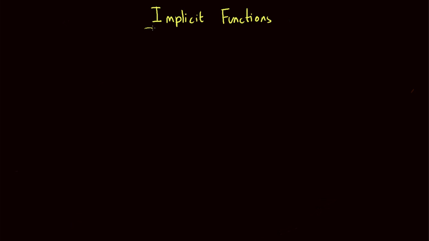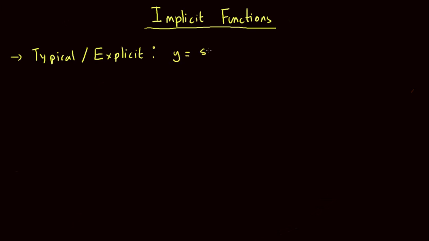how we write these functions is not your typical function, because normally your typical, or what we call explicit, functions would look something like this: y equals sinh x plus x cubed plus ln x. So this is your explicit function. And why is it called explicit?